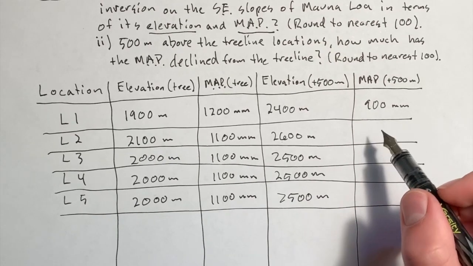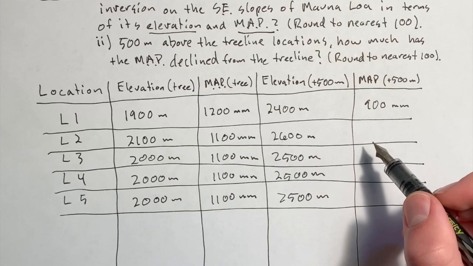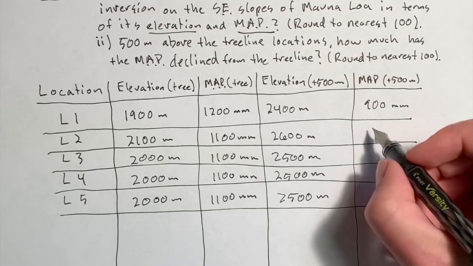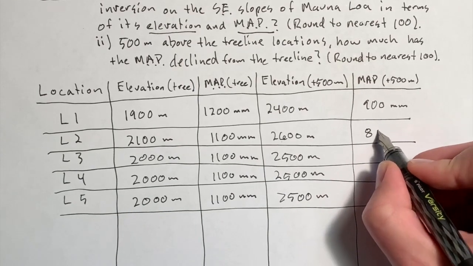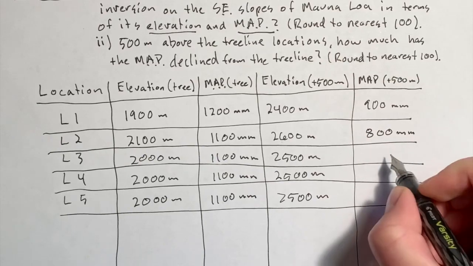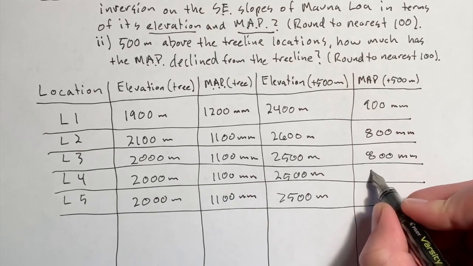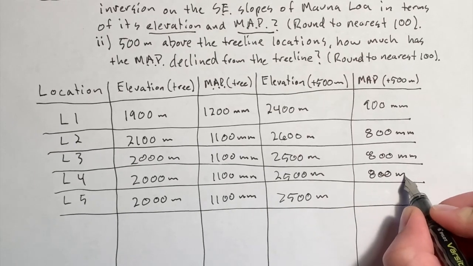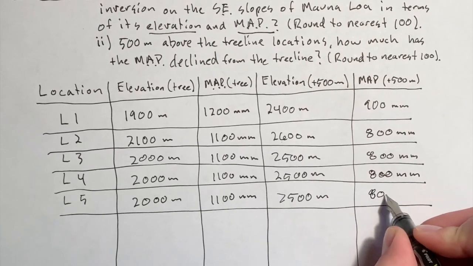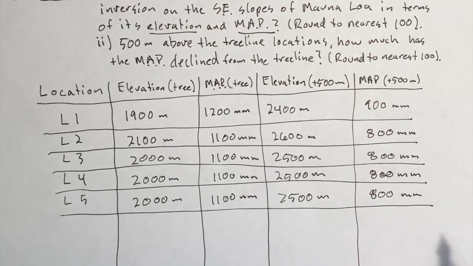And the mean annual precipitations at these locations are going to be 800 millimeters, 800 millimeters, 800 millimeters, and 800 millimeters.